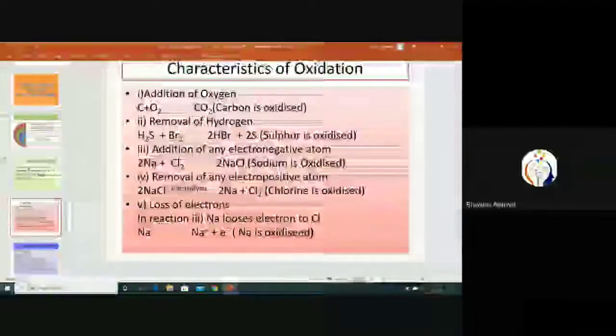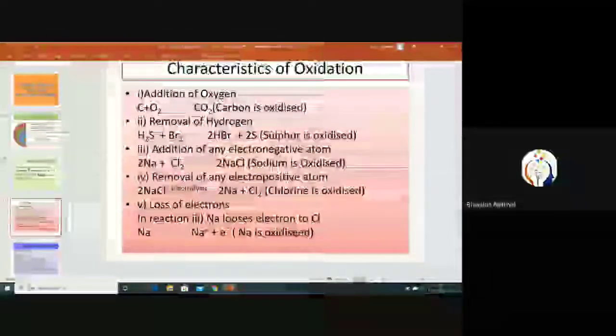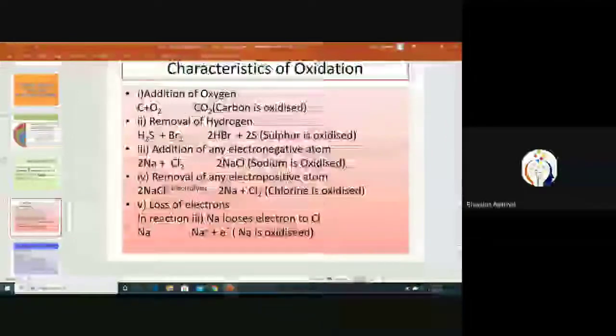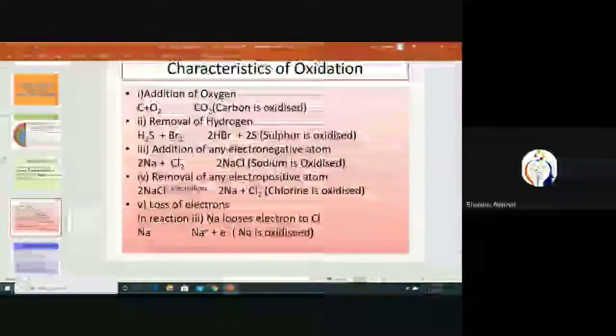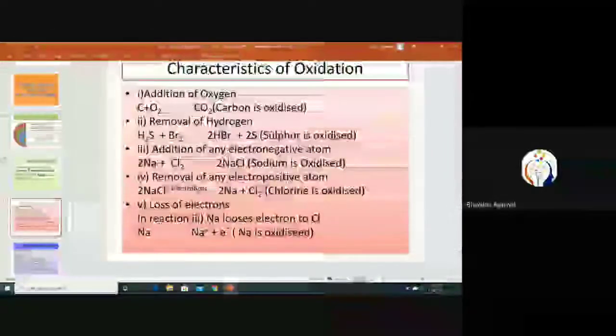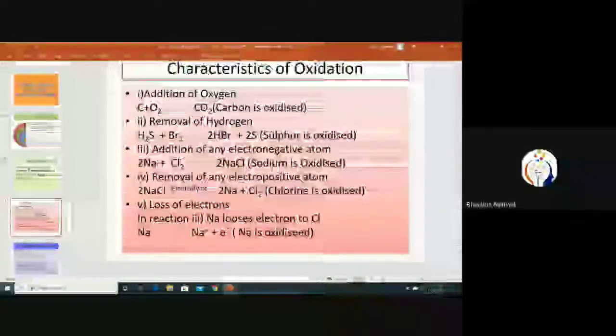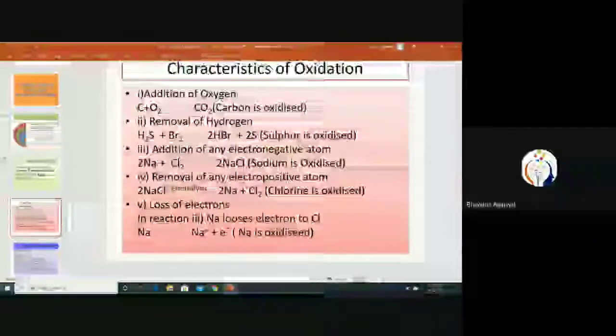Third characteristic is the addition of any electronegative atom. As we have said in the first point, addition of oxygen. Oxygen always has a minus valency, -2 valency, so its nature is electronegative.